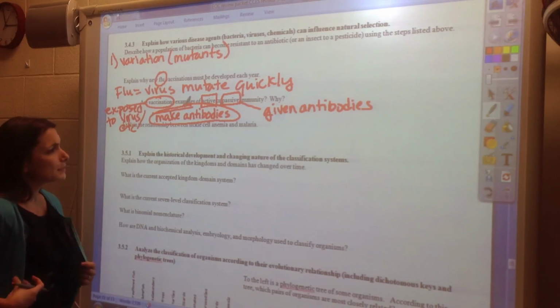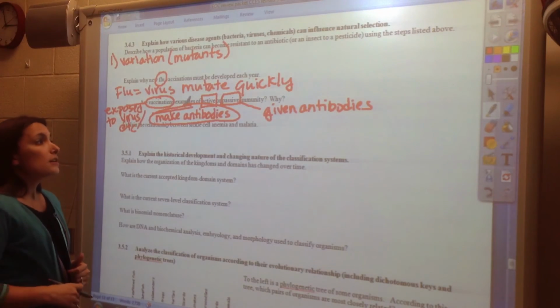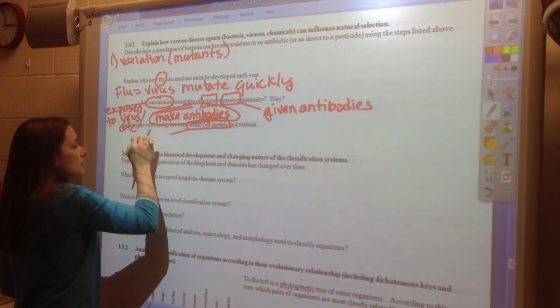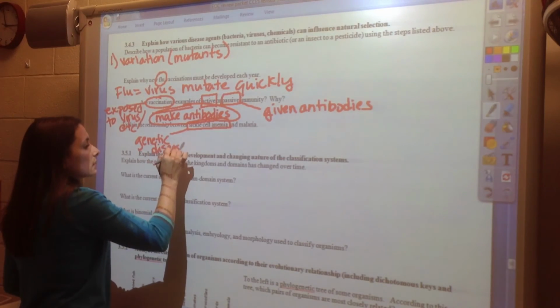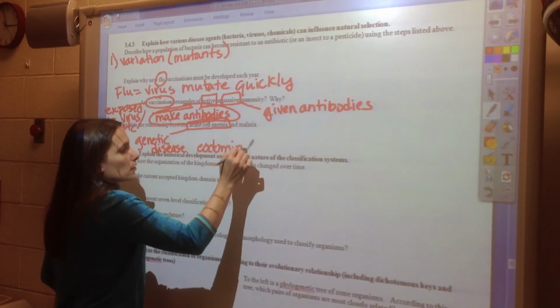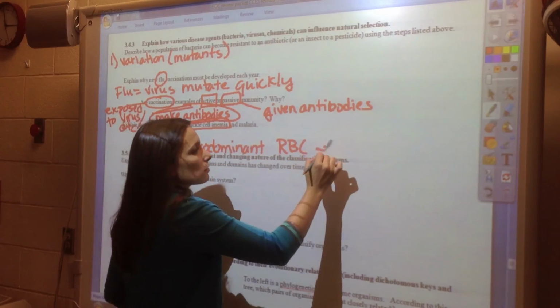Explain the relationship between sickle cell anemia and malaria. Sickle cell, remember, is a genetic disease. It's actually co-dominant. And your red blood cells are sickled.